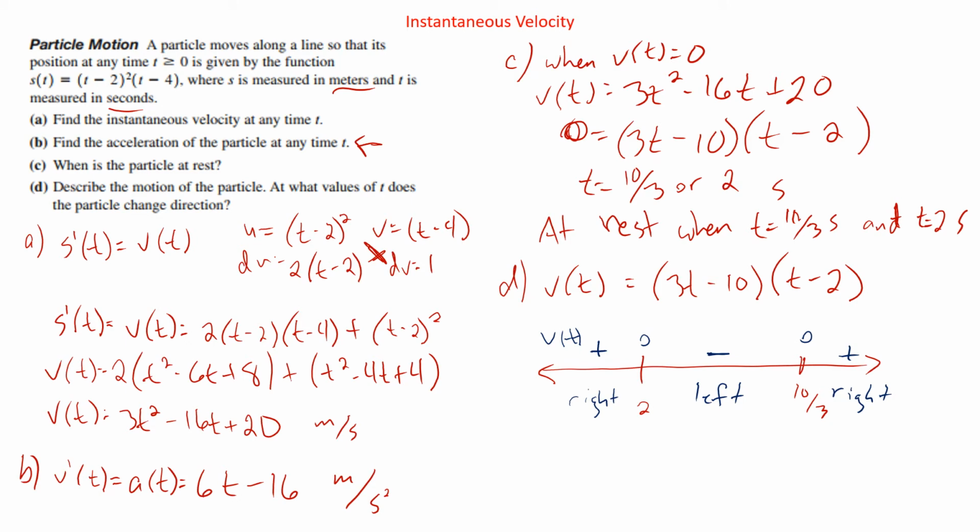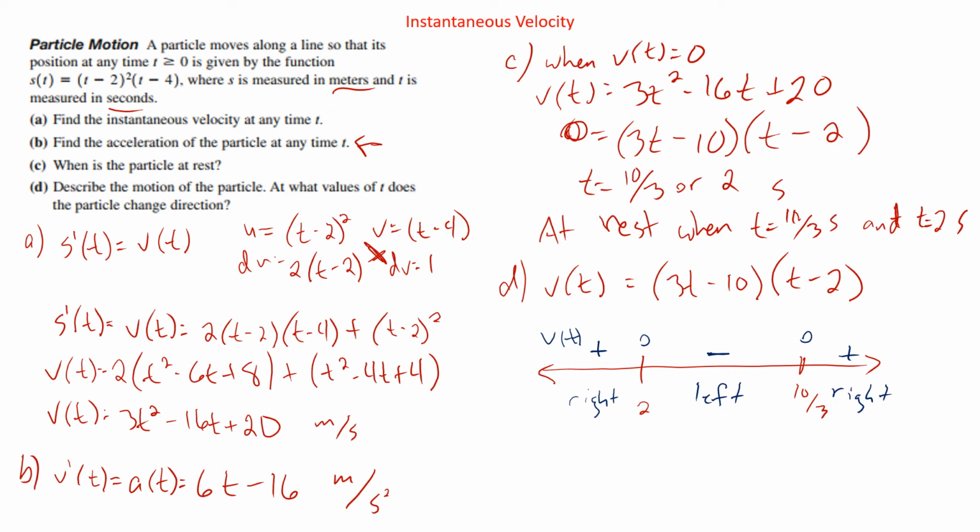So if we were just to describe it, it would be moving to the right from 0 to 2, because it would have started at 0, and then move to the left from 2 to 10/3, and then back to the right from 10/3 on.